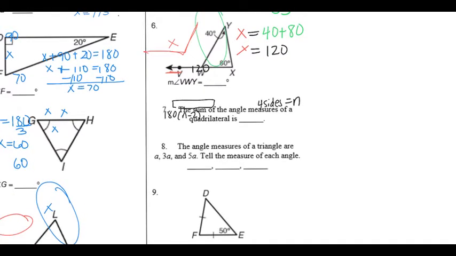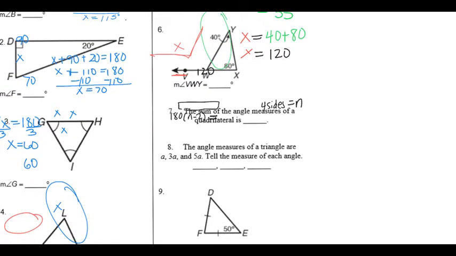If I plug it into my formula, 180 and 4 minus 2, I'm going to get 180 times 2, which means my answer is 360. Done with that problem.